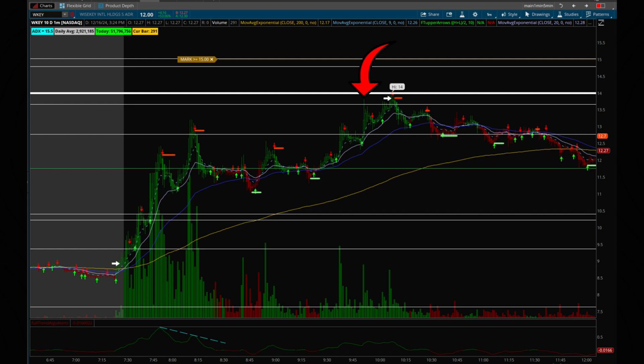By 9:53 a.m., WKEY hit my first major target of $13.60, and I stayed with the trade, watching momentum closely as price approached $14. At 10:08 a.m., price tagged my $14 target, but momentum was fading at that point.